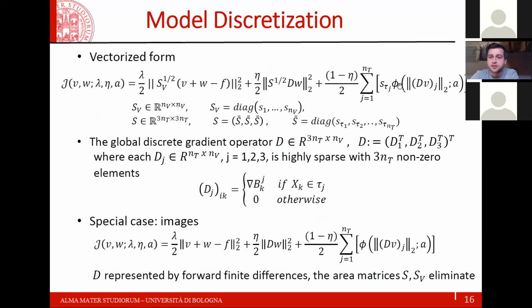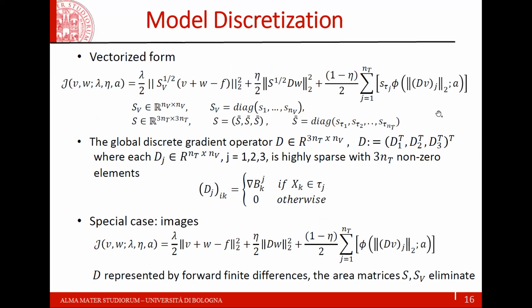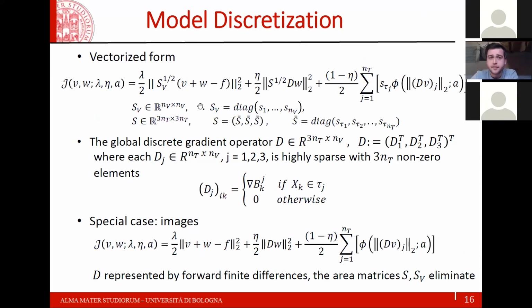In the vectorized form, the areas of the triangles and around vertices, which arise from the quadrature rules, can be incorporated in matrices SV and S, which are diagonal matrices.